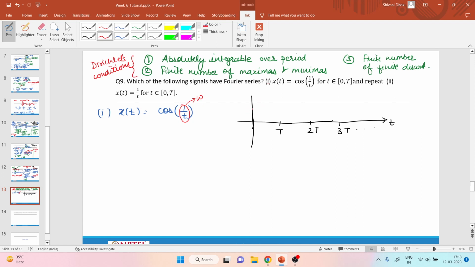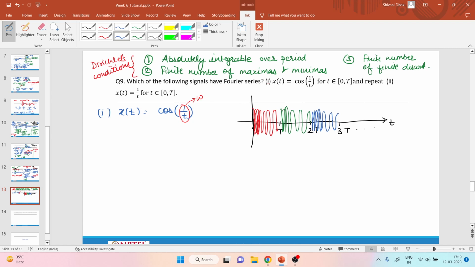Which will be something like I have a lot of oscillations here, which will then reduce a little bit and will go something like this. Again in the next interval it will be similar, it will have a lot of oscillations here and then it will get reduced, something like this. Again in the third interval it will have a lot of oscillations here and then it will be something like this.